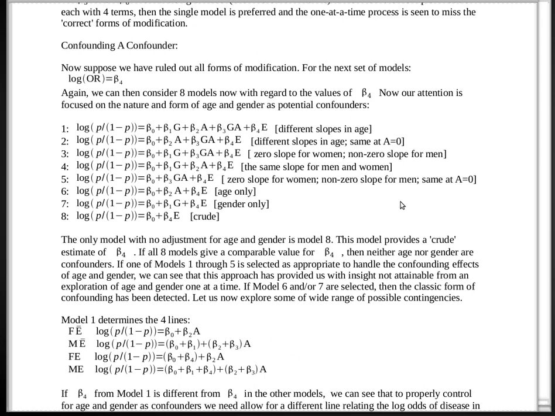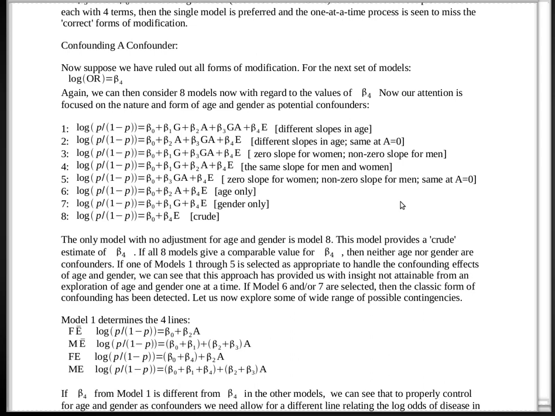Lots of language here. More crucially then, identifying elaborate forms of confounding requires description. In other words, simply saying there's joint confounding requires more information, right? You need to be more detailed in your exploration. You have to offer more.